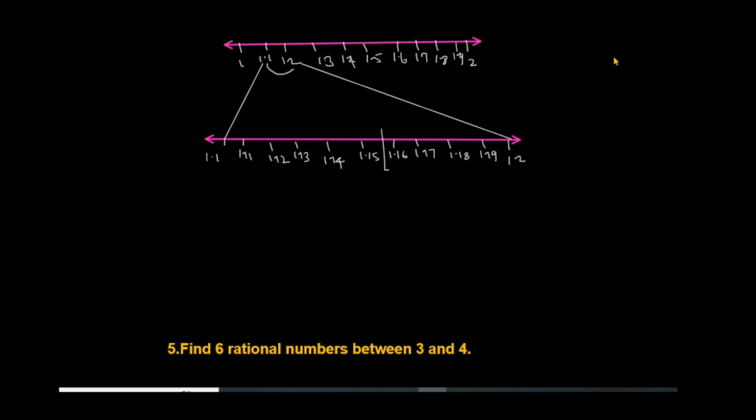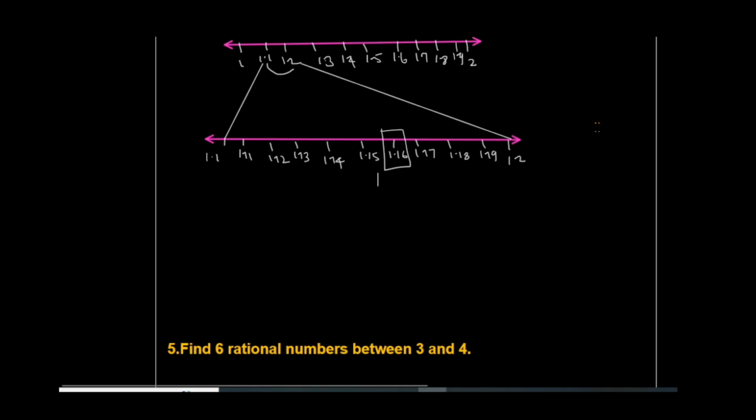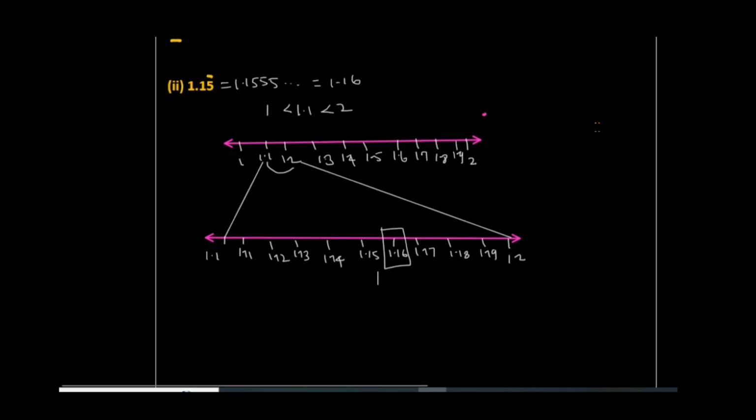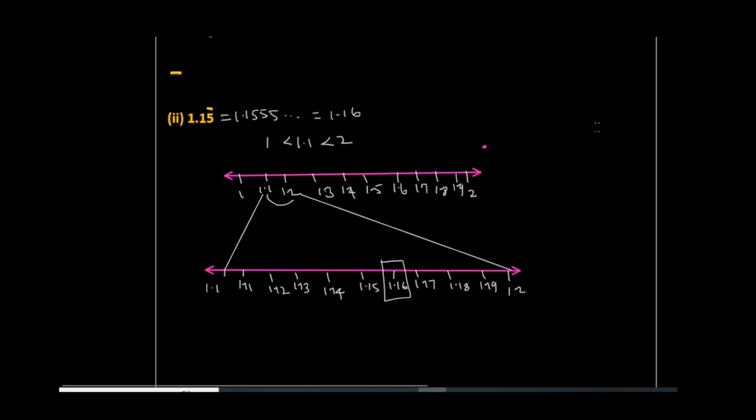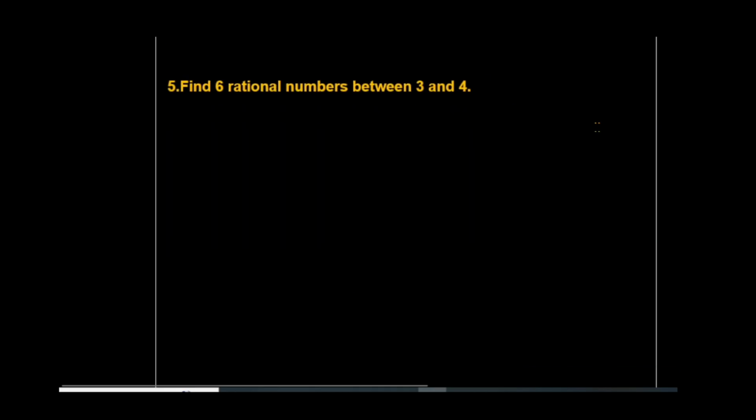So exactly our number is here, which is in between 1.1 and 1.2. Like this we can find the number on the number line.